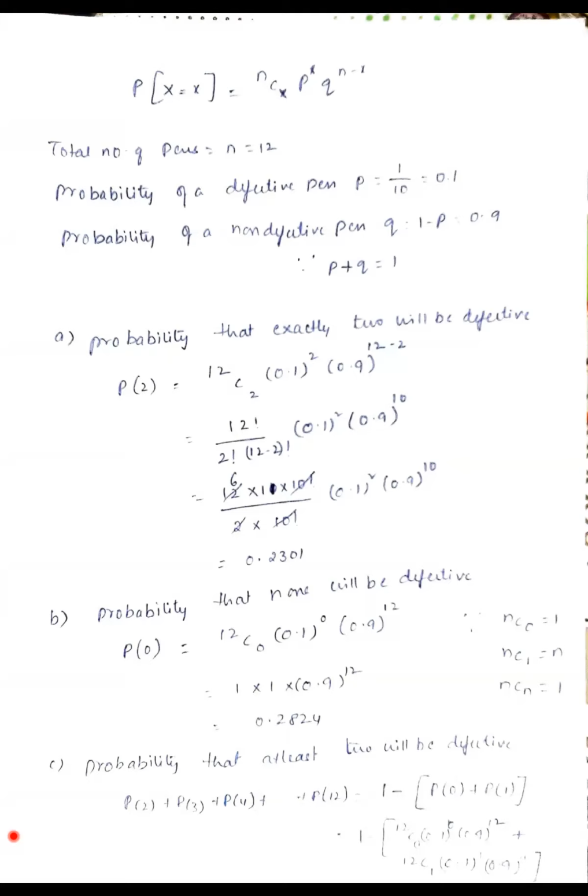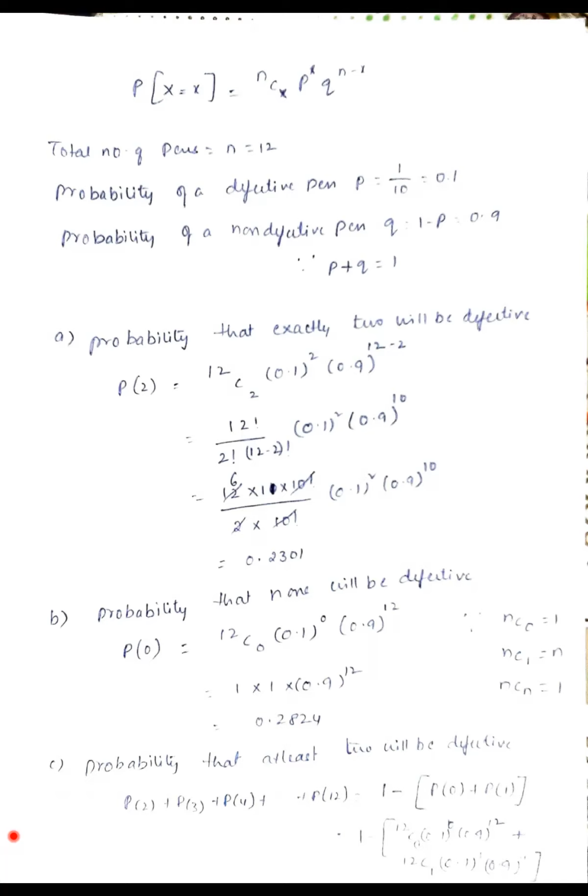Previously we saw that the probability of defective pens is 1 by 10, which is the probability of success. Small p represents the probability of success, and q represents the probability of failure. So p = 0.1.